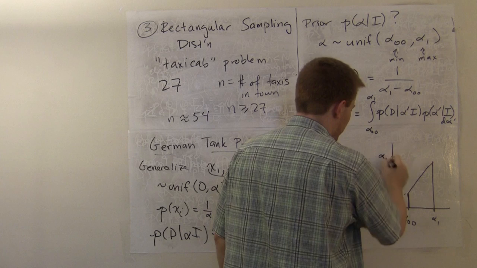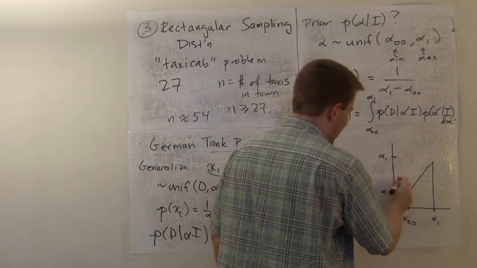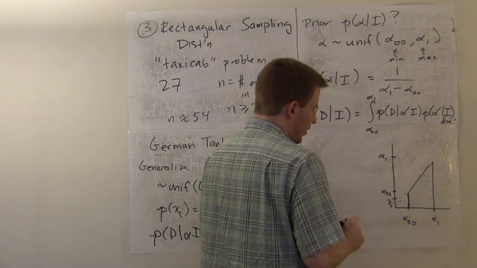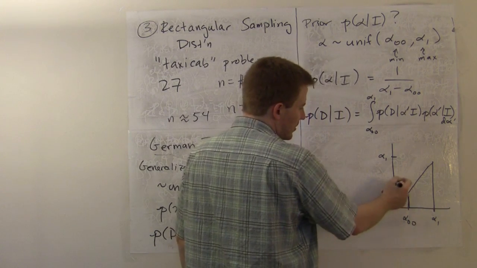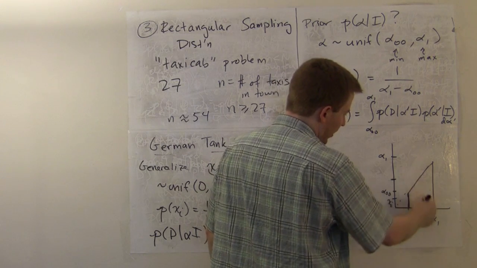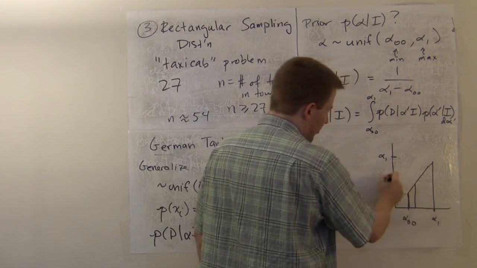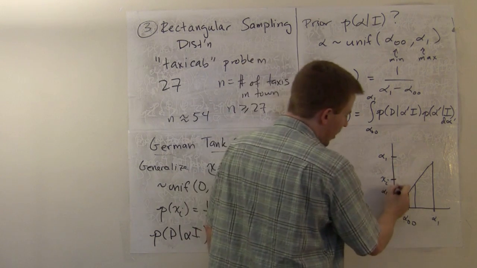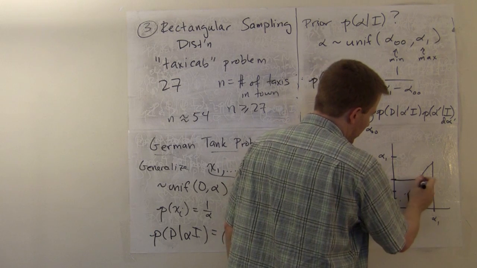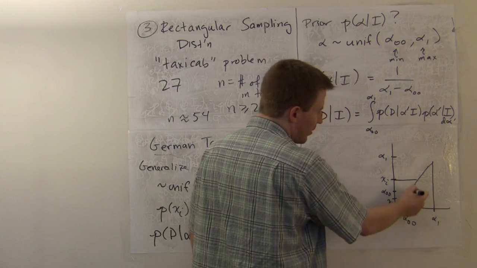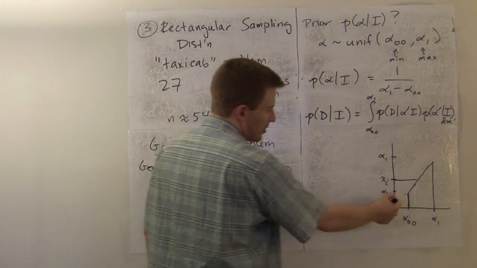Our x values might be in here, or it might be that sometimes we see an x value that's up here. So given an alpha value, we sample x's. If we saw an x value that's up here, then we know deductively that we could rule out all of the alpha values less than that.